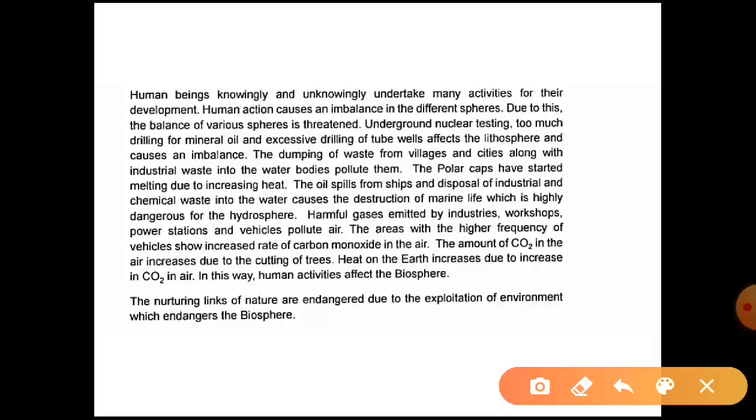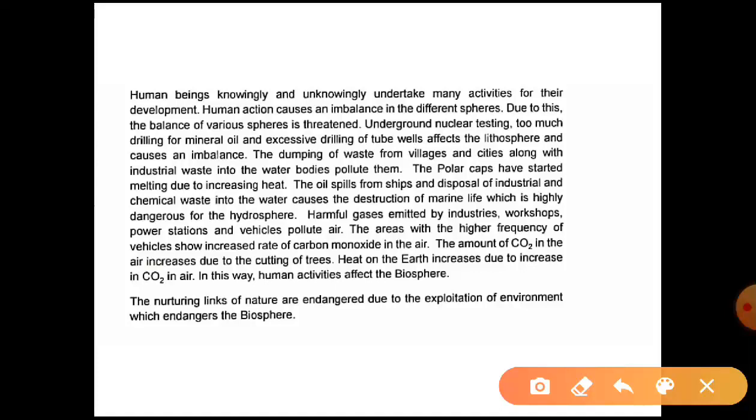We all know CO2 means carbon dioxide. Because of this carbon dioxide, the heat on the earth is increasing due to the increase in CO2 in the air. In this way, human activities affect the biosphere.